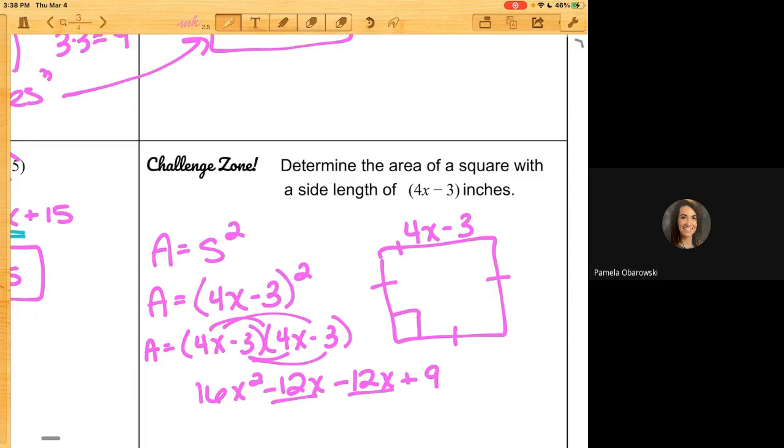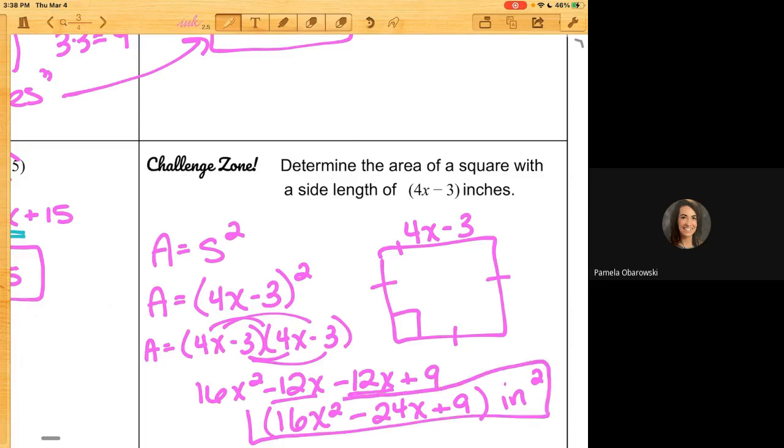Combine those like terms. I get 16x squared minus 24x plus 9. And that's going to be in inches squared because I'm talking about area. There we go.